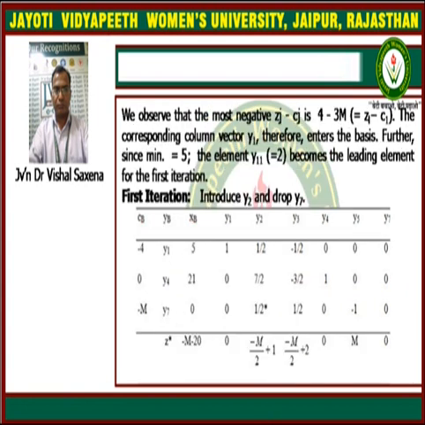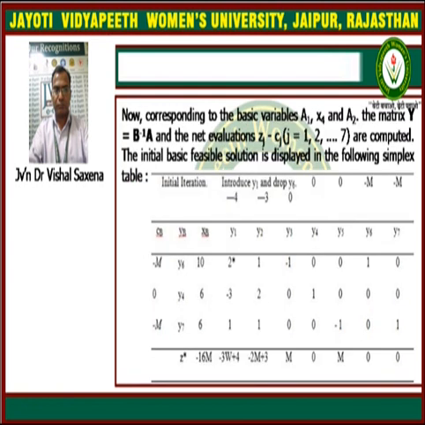And now we can see in the last table which is the most negative value in the Z star. Z star will represent Zj minus Cj.